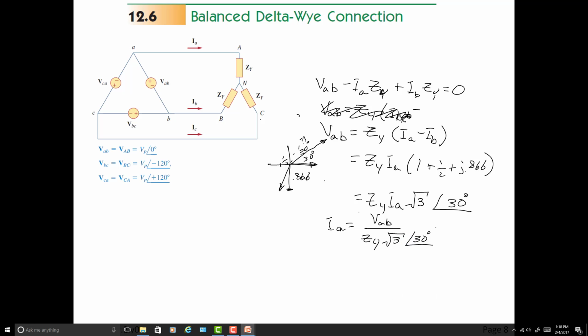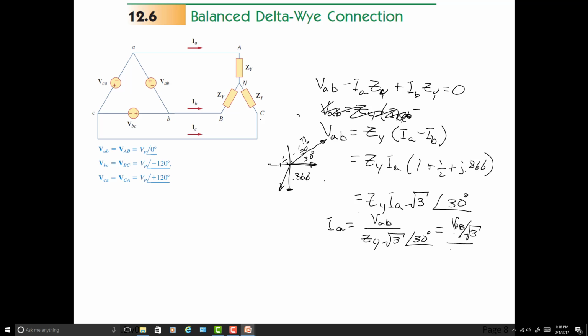So that tells us that this current is VAB, I used capitals, I've been not good about that here, VAB divided by the square root of 3.